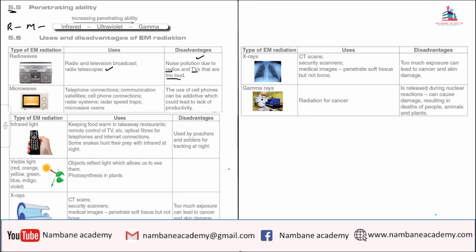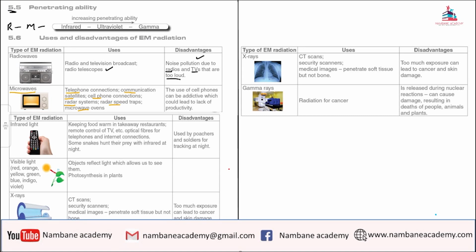We have microwaves. These are used for telephone connections, communication satellites, cell phone connections, radar systems, radar traps, and even in microwave ovens.